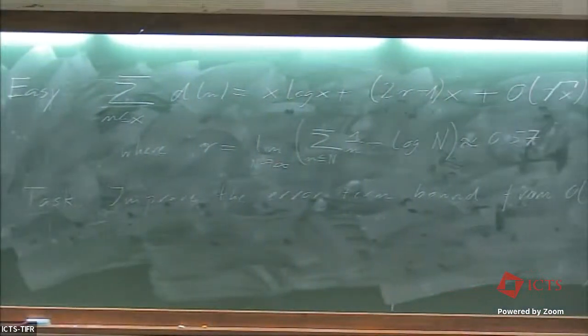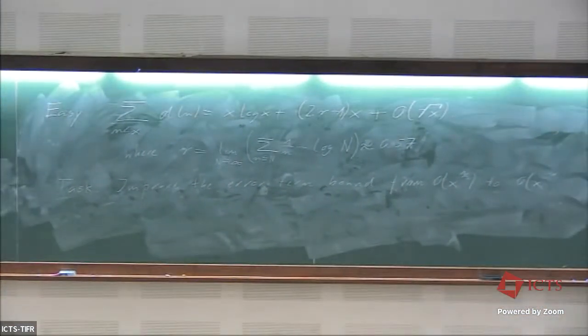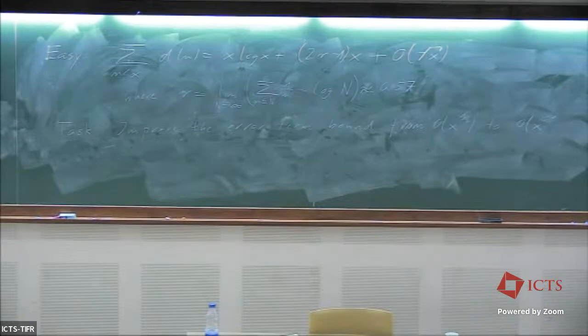The O constant depends on epsilon, so if you let x tend to infinity, then this holds for any fixed epsilon greater than 0.